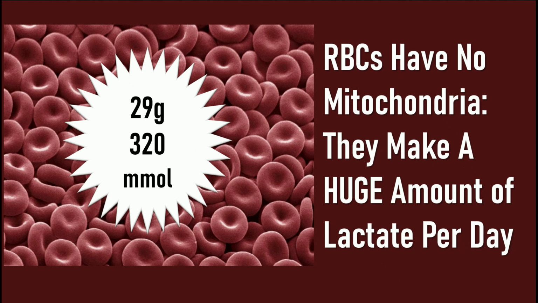Red blood cells, as I have mentioned, have no mitochondria. As a consequence, they are entirely dependent on glucose for energy and glycolysis as their main metabolic pathway. As a result of this, red blood cells produce enormous amounts of lactate per day, somewhere in the region of 320 millimoles or 29 grams, but maybe a lot more.